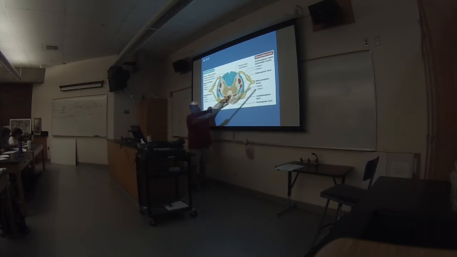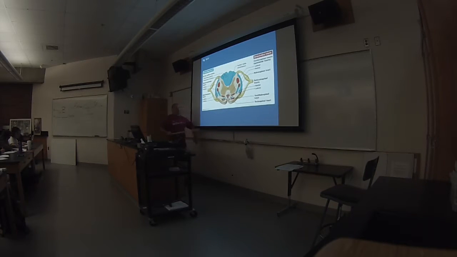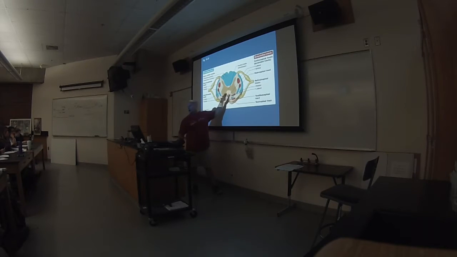Everything else, rubrospinal, reticulospinal, vestibulospinal, tectospinal, they're all just different descending elevators that are part of the indirect system. I will not ask you about them specifically, but you should have an idea about where our corticospinals are. The rest of the red is all indirect.